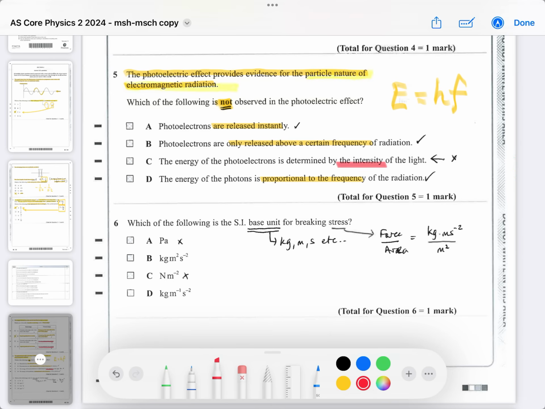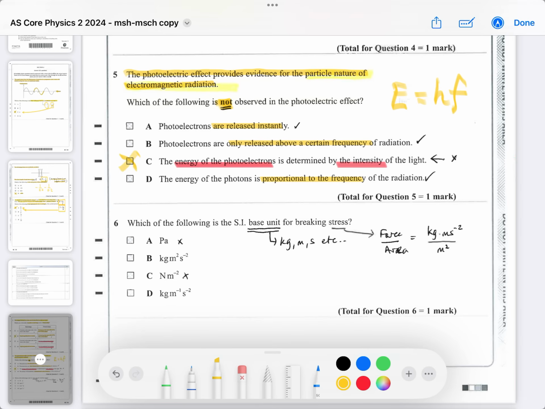But the energy of the photons is not increased by the intensity, you just have more of them. So therefore the energy that the electrons will gain will be all the same. So the intensity does not increase the energy of the electrons. So the answer is C.